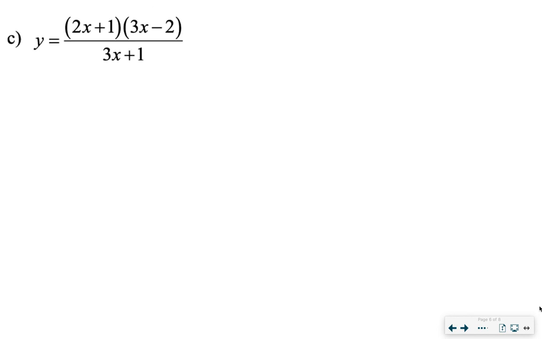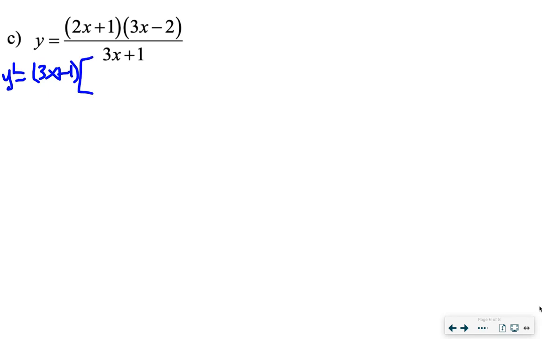Okay, let's try another one here. We're taking note that our numerator is actually a product. So when I'm taking the derivative of the top, I'm going to use my product rule. I can expand it if I wanted to, but let's see if we can do them without having to expand it. Okay, so then my y prime, so bottom 3x plus 1 times the derivative of the top.